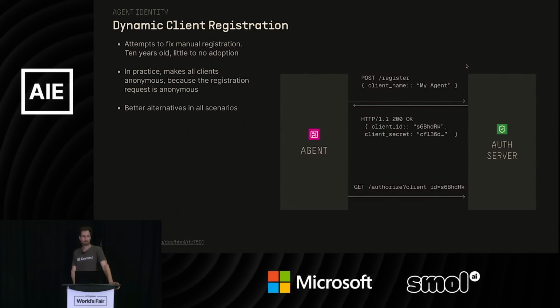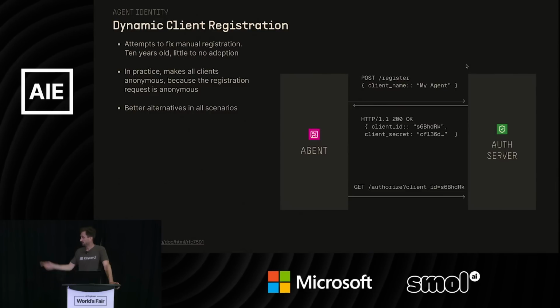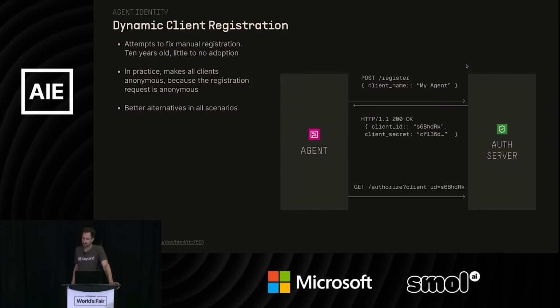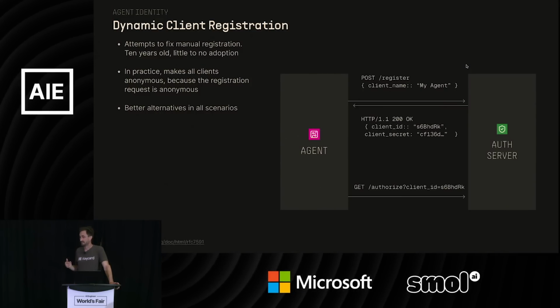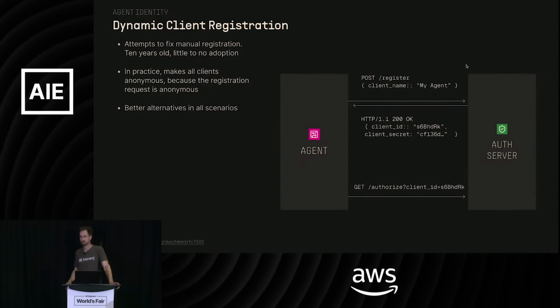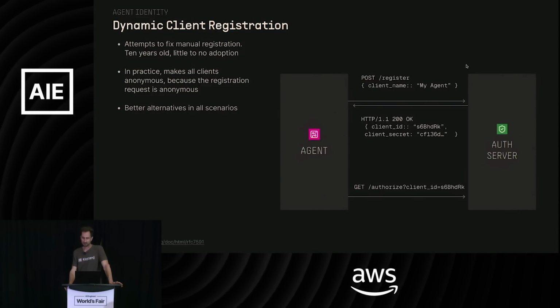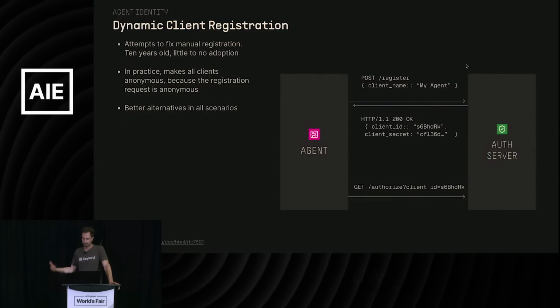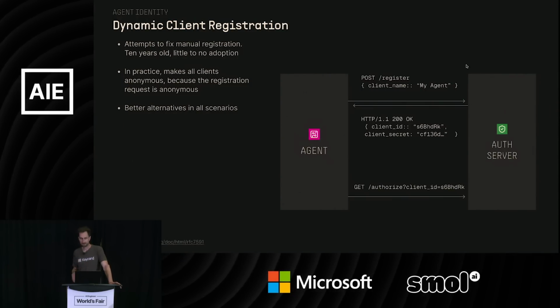So what does MCP do? Well, it picks up what is known as dynamic client registration. What this does is allow applications and agents to request credentials at runtime rather than ahead of time in manual registration. So an agent says, hey, this is who I am, give me a client ID and secret. The server does it, and the agent goes about the rest of its OAuth flow.